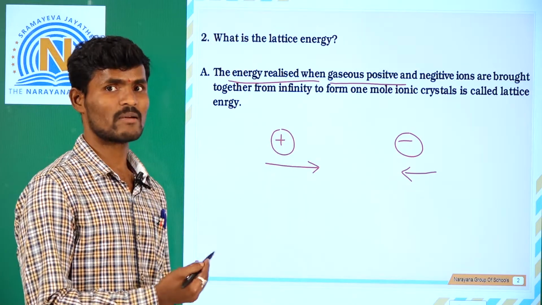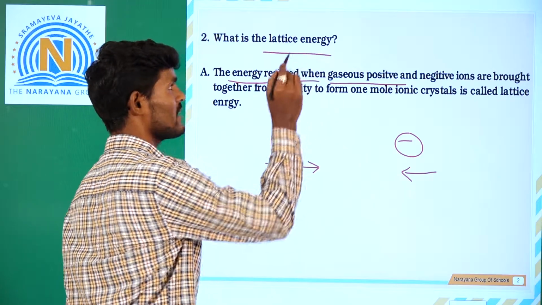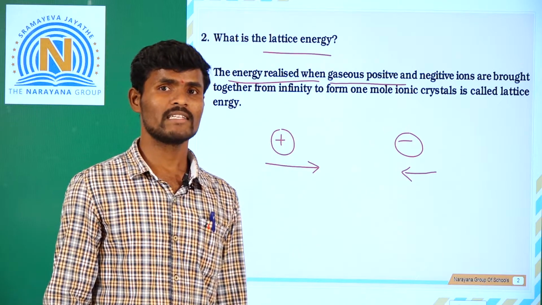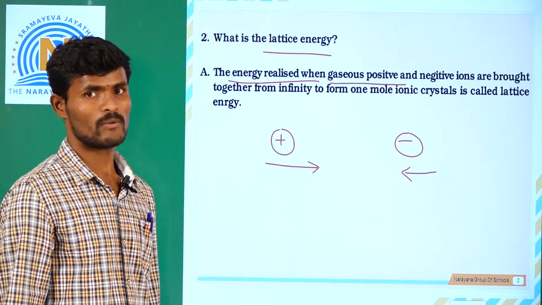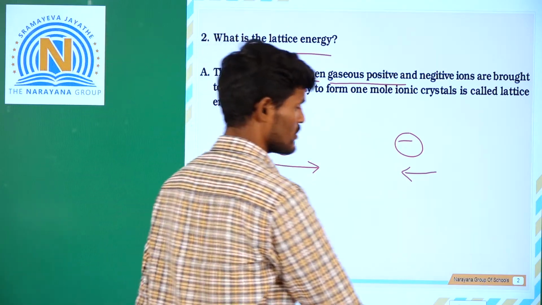In that situation, some amount of energy is released or evolved. That energy is termed as lattice energy. More simply, the amount of energy evolved when 1 mole of ionic crystalline compound is formed is called lattice energy. Next, third question.